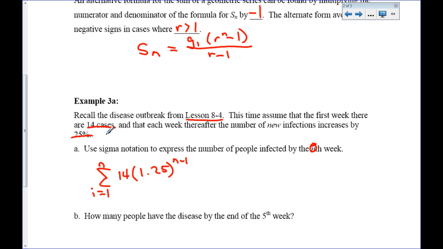So it's going to be 14 plus 14 times 25% of itself. An easier way to think about it is you just have to increase it, so it has to be at least 1. If it's a decrease, it'd be less than 1. If it's an increase, it's going to be greater than 1. Is that an n over the sigma? Yes, that's an n.